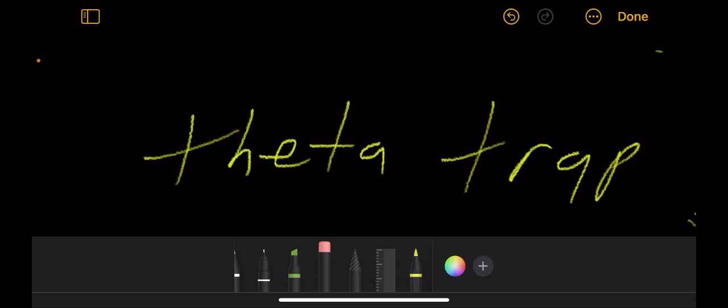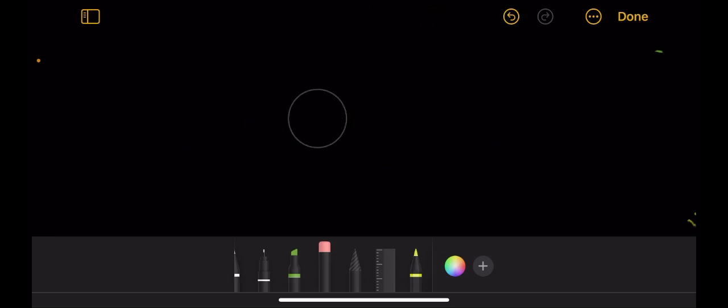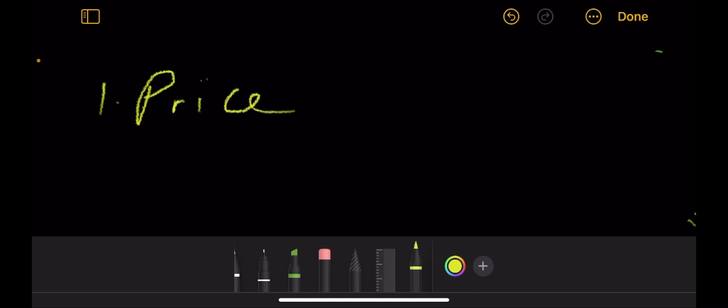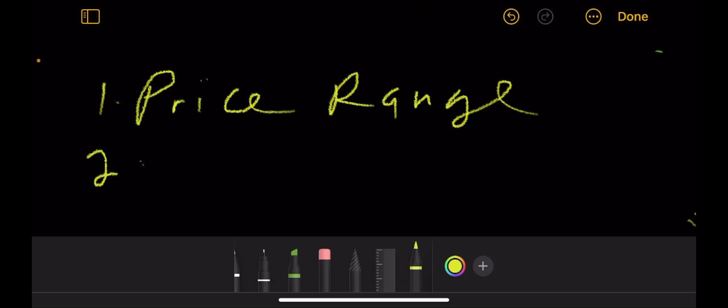So for you to have a Theta Trap, you need a few things. One, you need price to be in a range. Two, you need low volume.